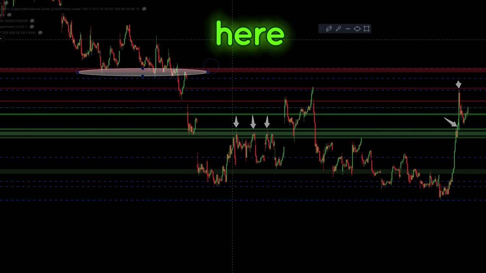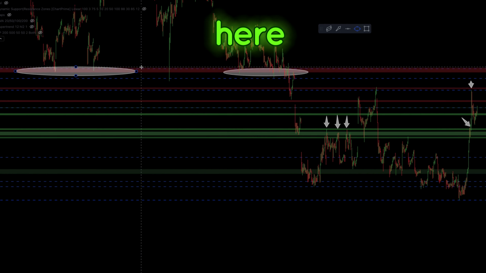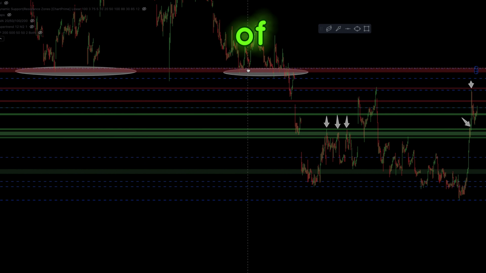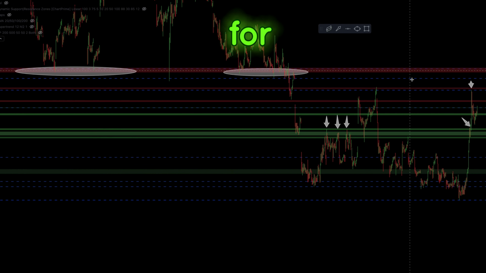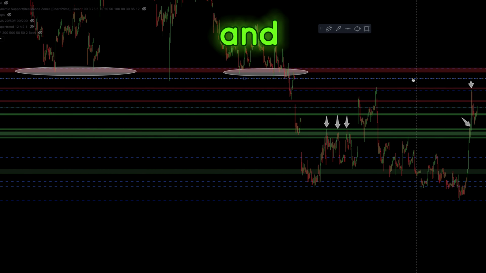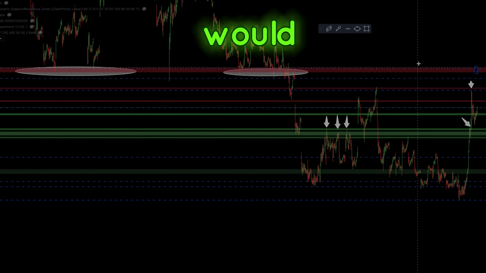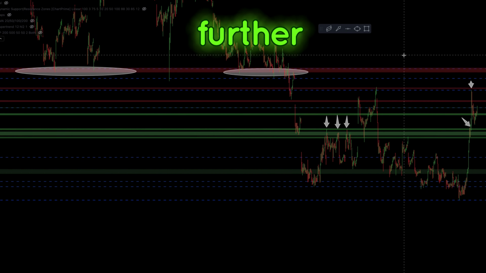We can look as far as down here. This is more of a resistance zone once we come to this 180 zone. But for now, we look bullish at 173. And unless we can break above 180, 181, I would not be holding further than this.